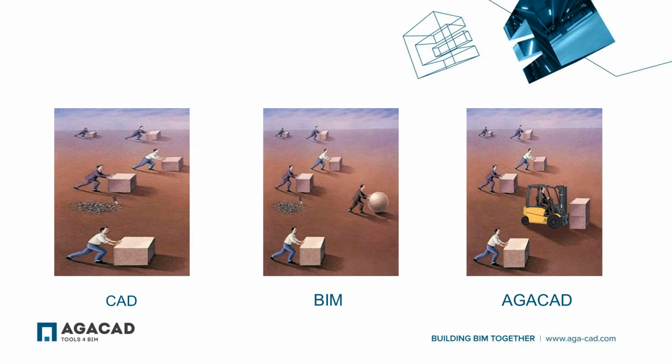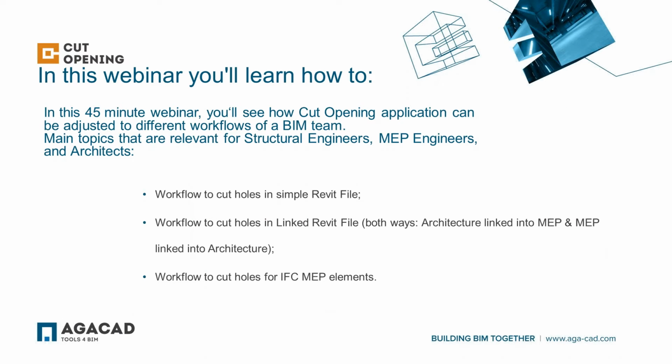During this webinar, I will explain 3 different workflows, 3 different topics that are relevant for structural engineers, MEP engineers, and architects. The first workflow will be very easy: cutting holes in a simple Revit file. During this workflow, I will describe all the configurations.